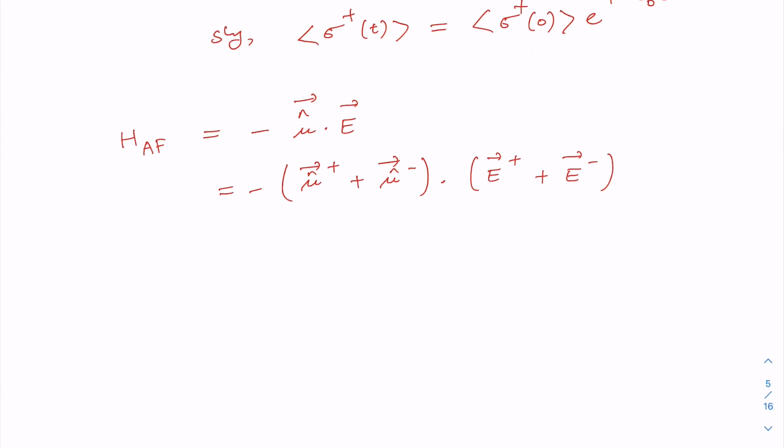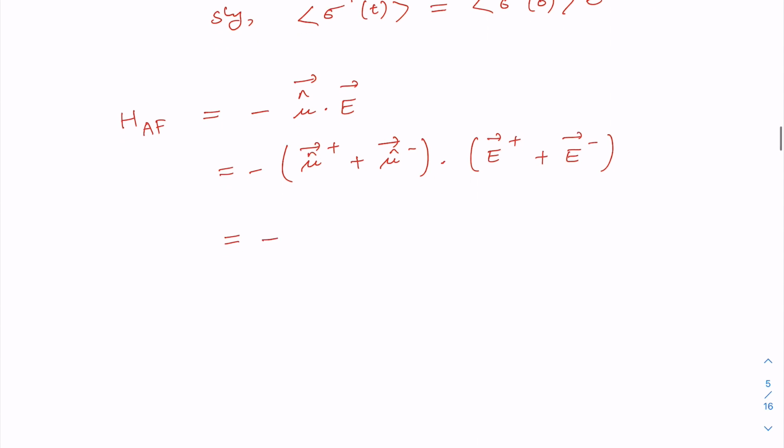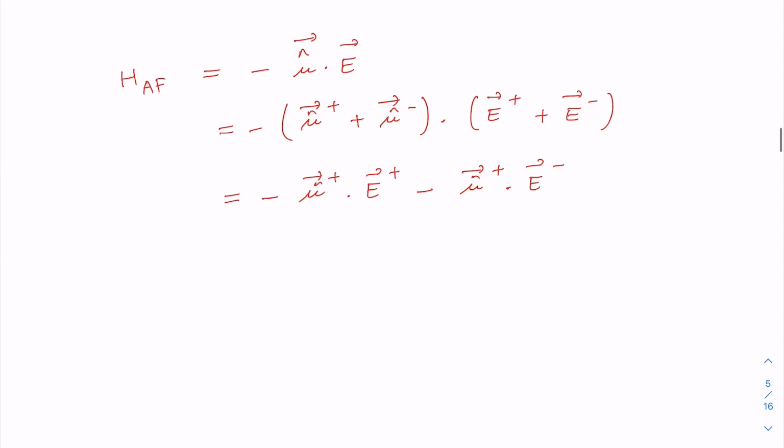If I take the dot product on both sides, I will get four terms: minus mu plus dot E plus, minus mu plus dot E minus, minus mu minus dot E plus, minus mu minus dot E minus.